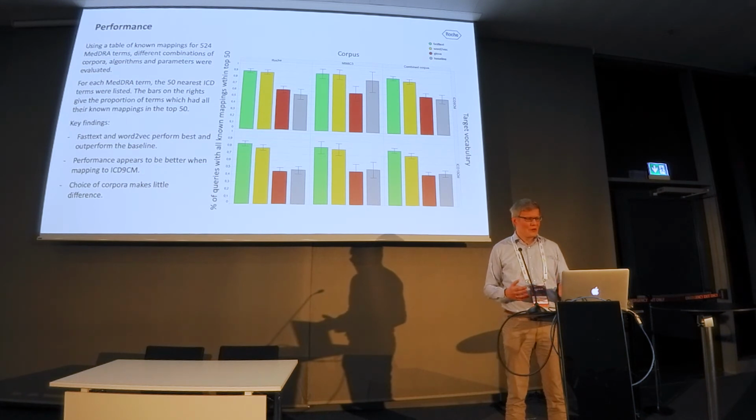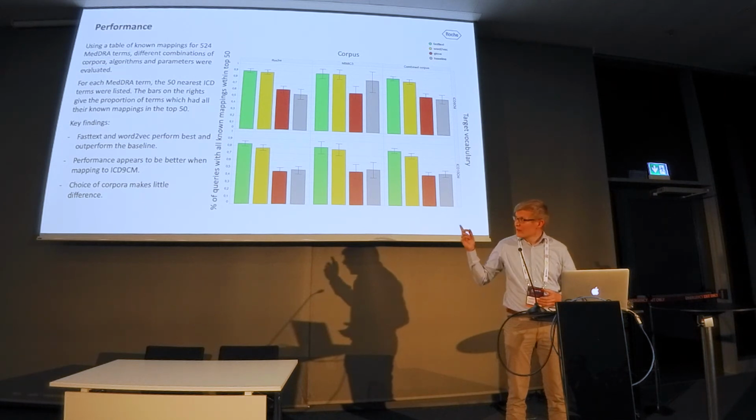Then, to evaluate the performance of these different embeddings in mapping MedDRA and ICD, I took a table of 524 MedDRA terms for which mappings to both ICD-9 and ICD-10 were available. For each of these MedDRA queries, I calculated their distance separately to all the ICD-9 and ICD-10 terms. I picked the top 50 from both lists, and I checked how often all the known mappings were in this top 50.